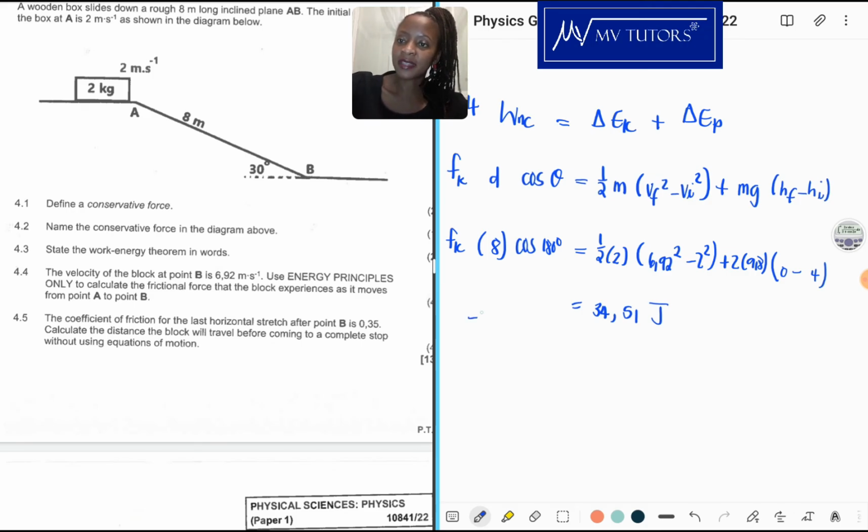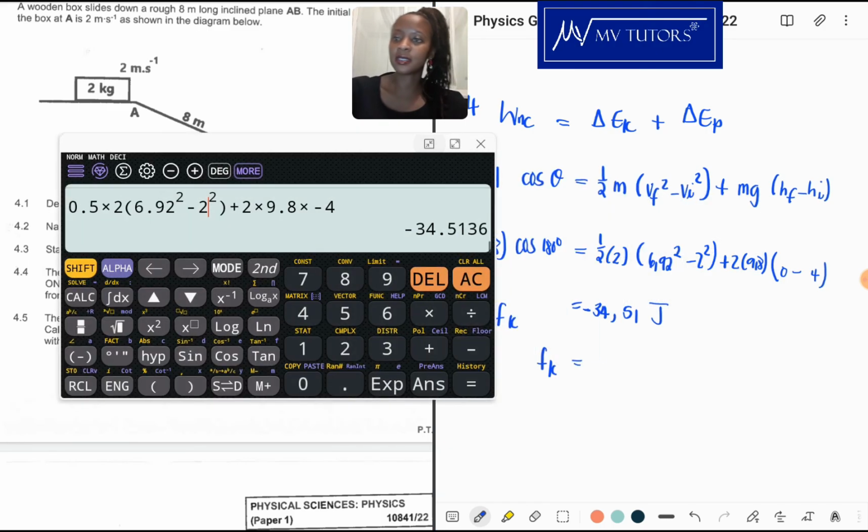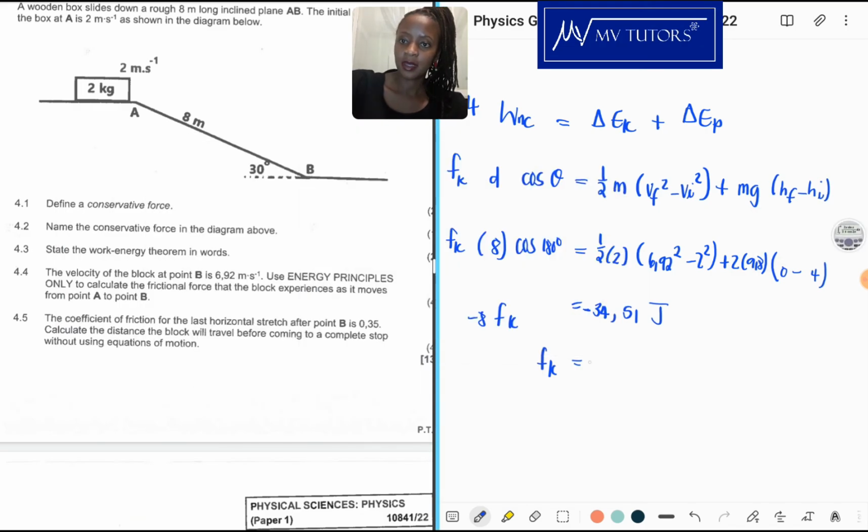So we have negative 8 times this kinetic friction. That was negative 34. So kinetic friction would then be, if I were to divide by negative 8, I get 4,31 Newton, that is basically the frictional force that the block experiences as it moves from point A to point B.